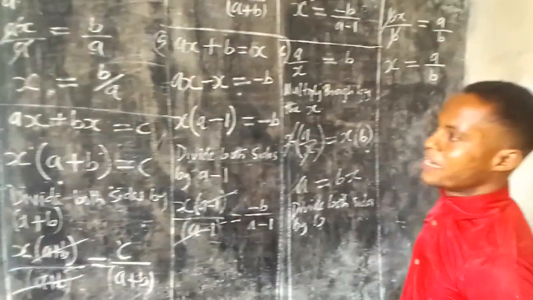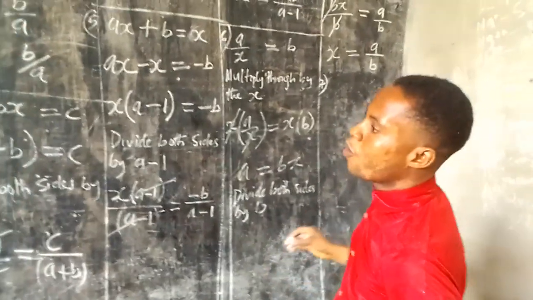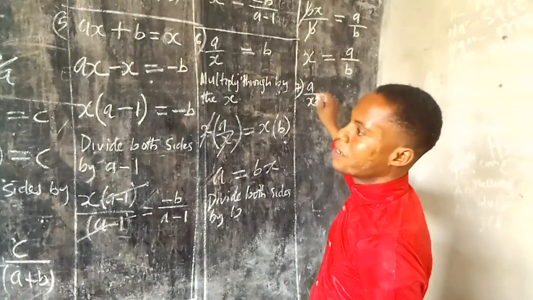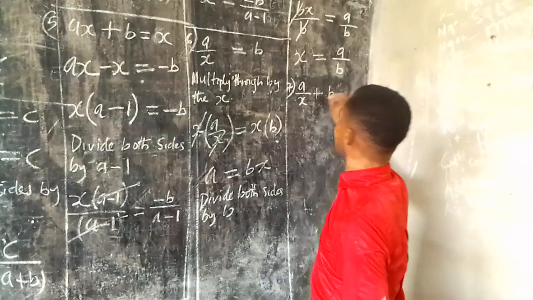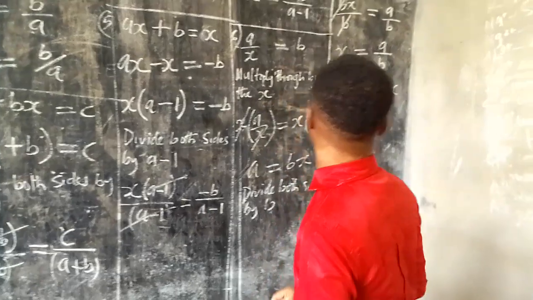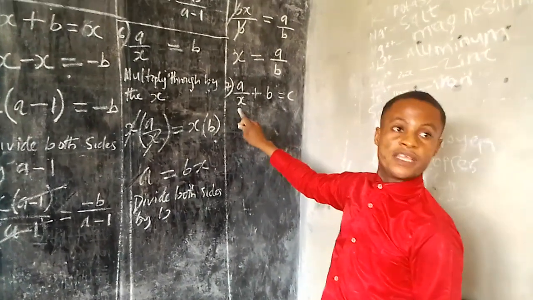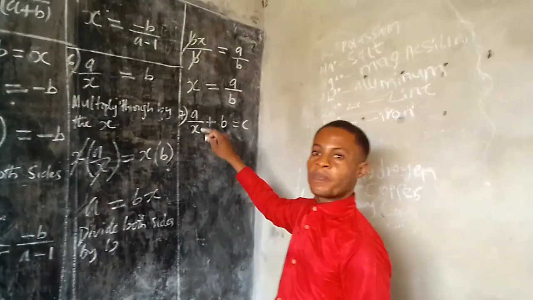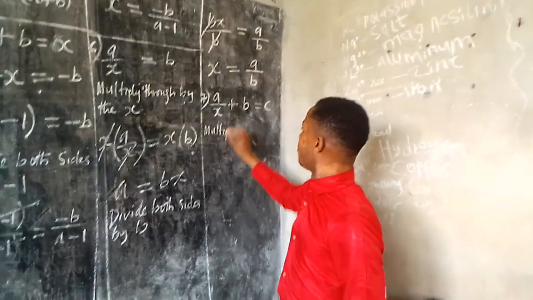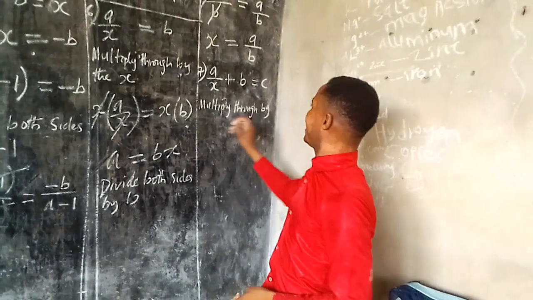And then the next one, number 7, is a over x plus b equals c. Right, so we have to make x the subject of formula. To do that, we already know that the denominator here is x. Alright, we say multiply through by x.